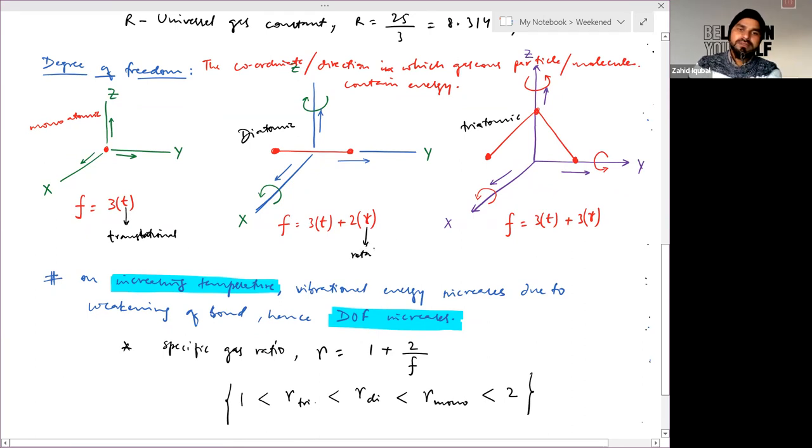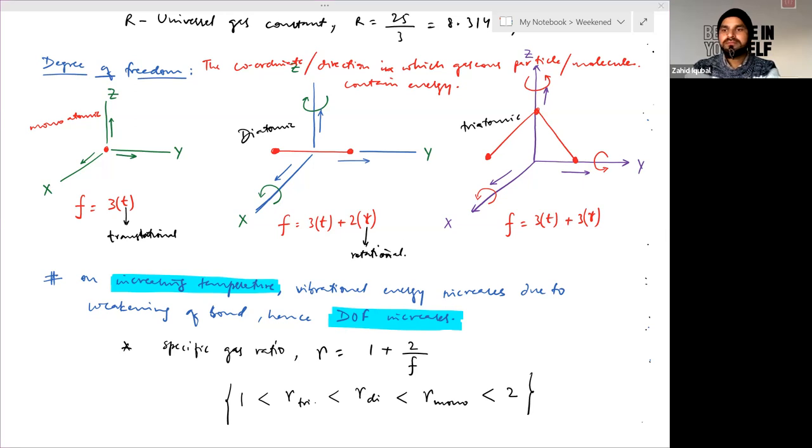This R is for rotational. Aisha, any doubt?